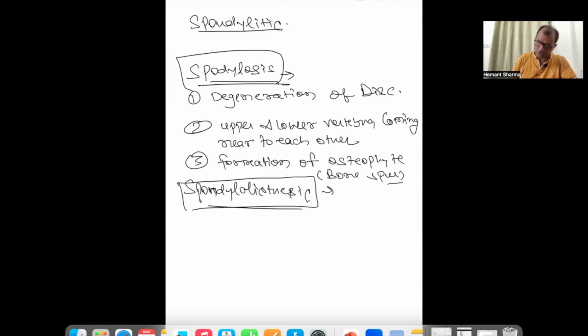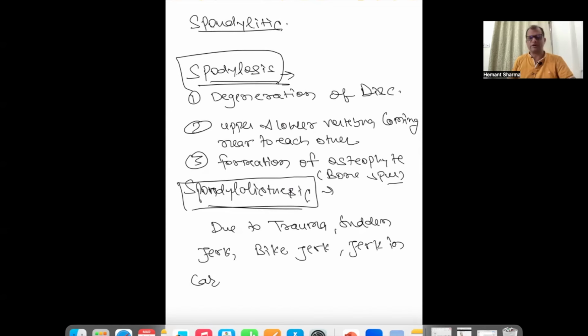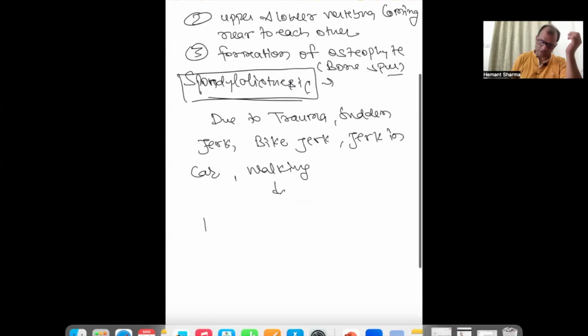And what is spondylolisthesis? Spondylolisthesis is due to trauma, sudden jerk, or a jerk in the car, or anywhere, even in walking, a jerk during walk. If there is an upper vertebra and a lower vertebra, in between we have a disc, but suddenly what's happening?